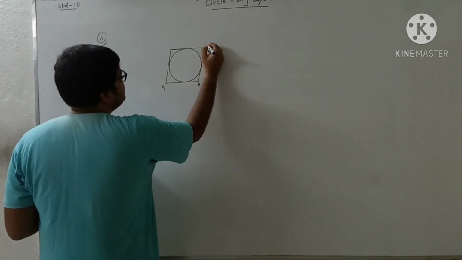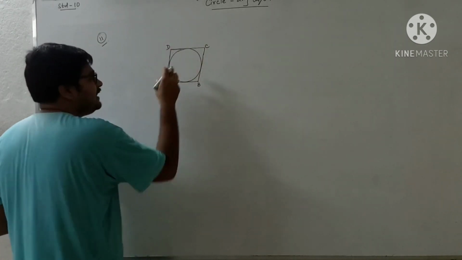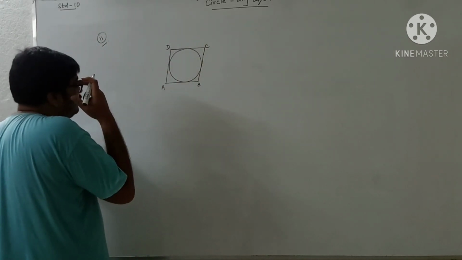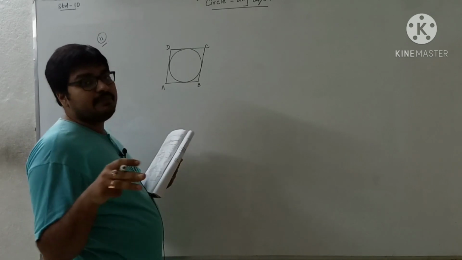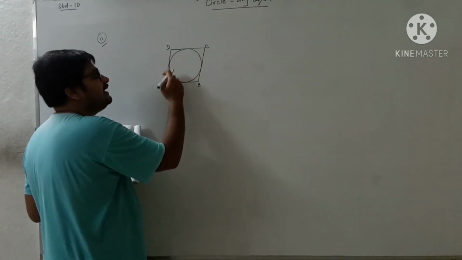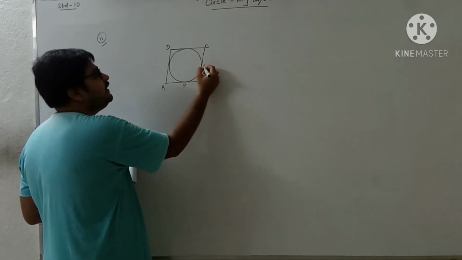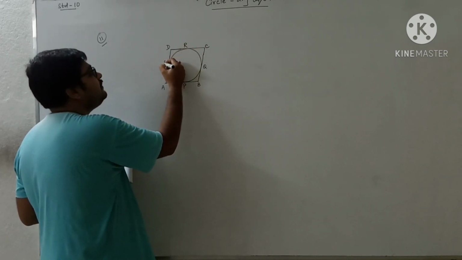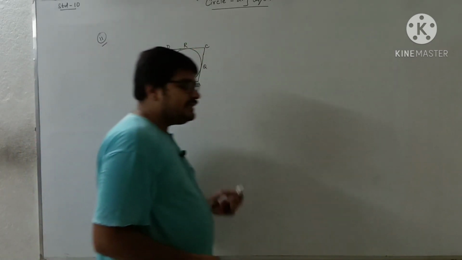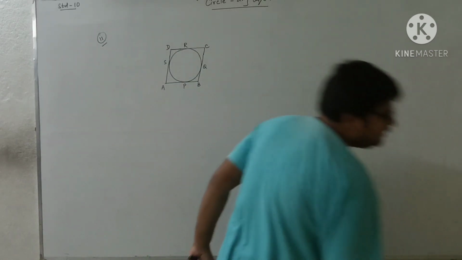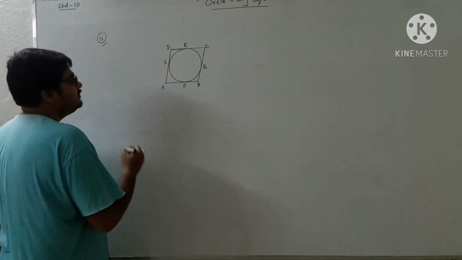So ABCD is the quadrilateral circumscribing the circle, because as we have already told, circumscribing a circle means the sides must touch the circle. See, all the sides touch the circle at different points. We are giving the names here P, Q, R, S. And what is given here? It is given that ABCD is a parallelogram. So what you will write here?